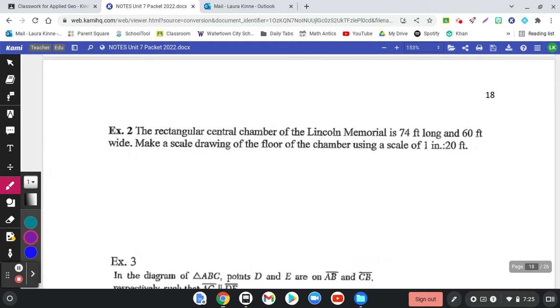The rectangular central chamber of the Lincoln Memorial. I'm going to start there. Rectangular central chamber. So the rectangle is 74 feet long and 60 feet wide. Make a scale drawing of the chamber using a scale of 1 inch is 20 feet. Okay, so we actually got to set up a couple different proportions here.